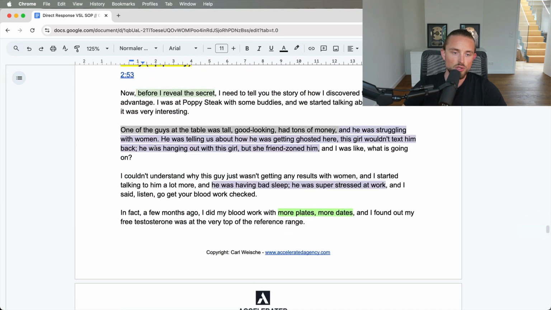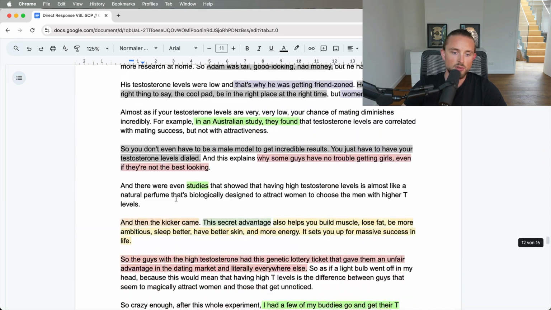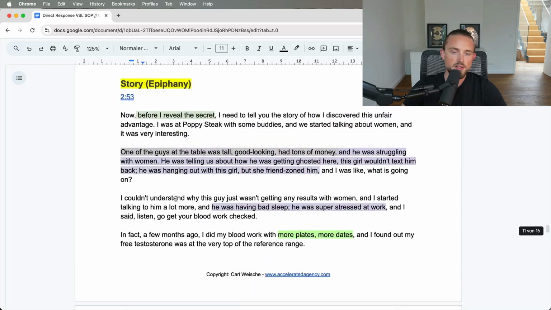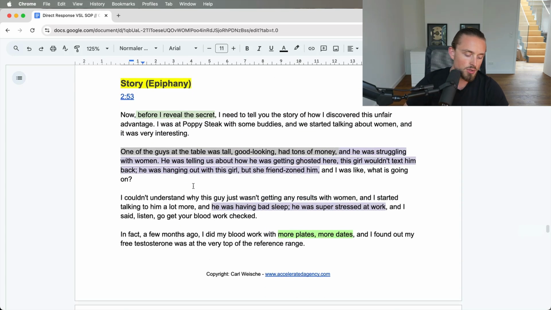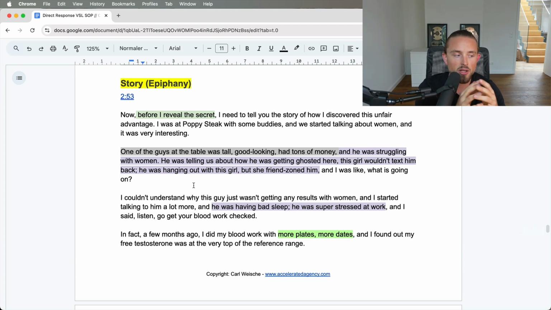Because essentially what we do with the storytelling and the epiphany, and you can see it's quite a long section of the VSL, like around 2 to 3 minutes, is we want to basically build a personal story, show a personal story, build personal rapport, and then also guide the prospect to how Greg, or essentially the person who's doing the VSL, found the solution, right?